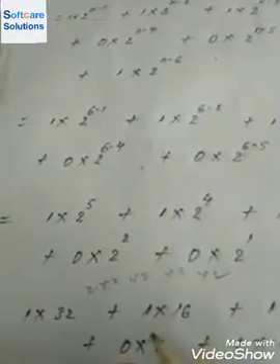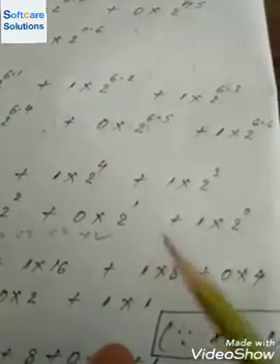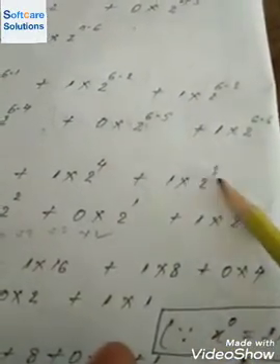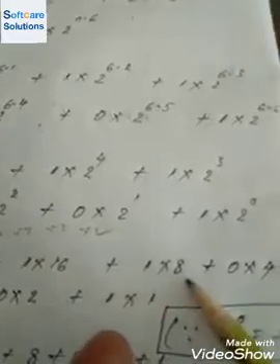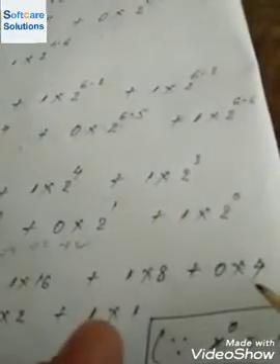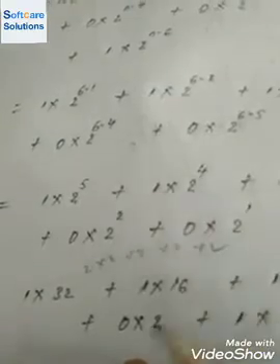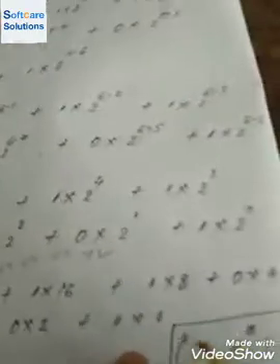So we get 1 into 32. Next, 2 to power 4 makes 16, so 1 into 16. 2 to power 3 means 8, because 2 into 2 into 2. And 0 into 2 to power 2, where 2 to power 2 means 4. And next 0 into 2 to power 1, that means 0 into 2.